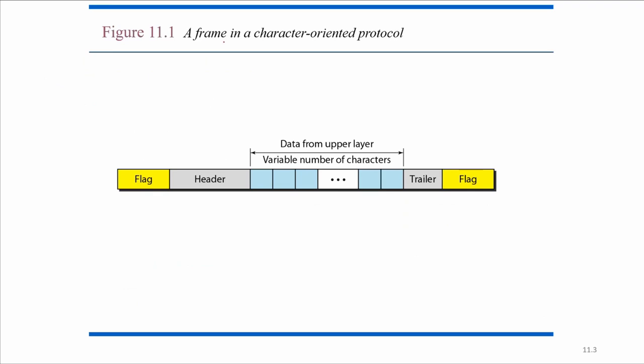One more point: framing can be done by two different methods. One is called the character oriented protocol, where protocol means a set of rules that govern. So we can call them framing protocols. What different types of framing protocols are there?